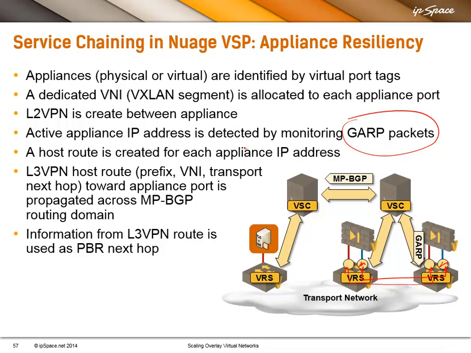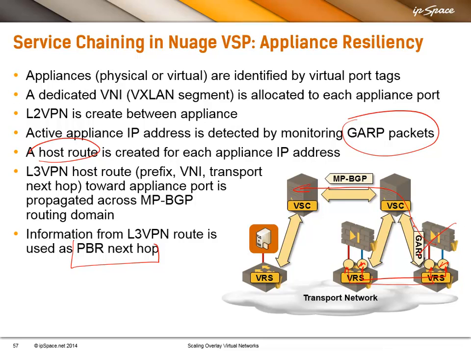When the VSC receives that, it creates a host route pointing to this appliance. This host route is leaked. It can even be sent across different VSCs in a multiprotocol BGP update. And yet again, we can now use this IP address, this host route, as the PBR next hop.